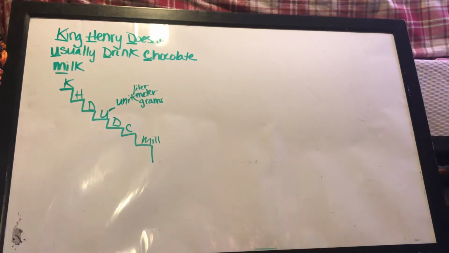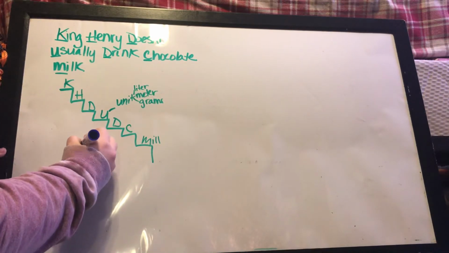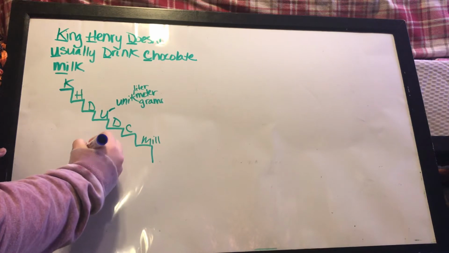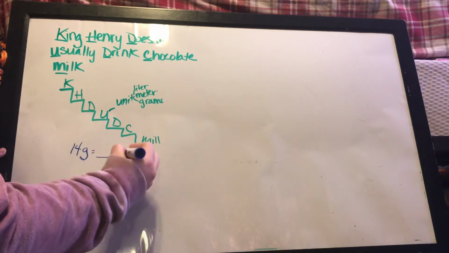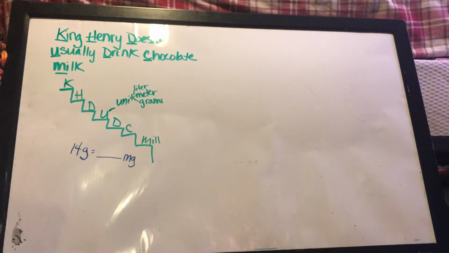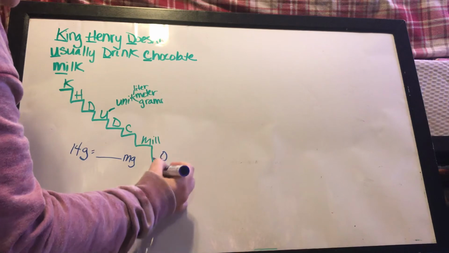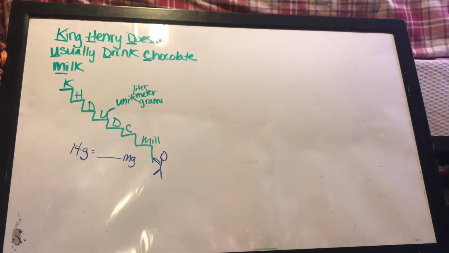Okay, so just a little review before I give you the assignment for you to answer the questions on. If I were to have, let's do 14 grams, and we want to change it to milligram. Remember you have your little friend down at the end of the ladder, and they're holding onto that ladder for you so that it's nice and steady so it doesn't fall over.